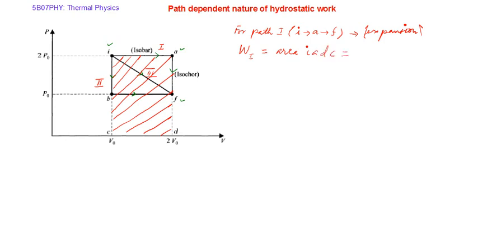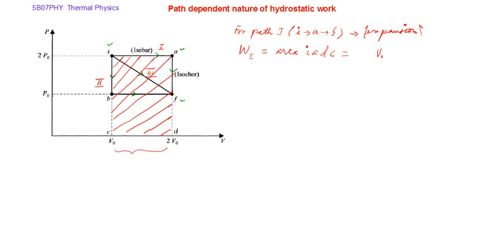So what's the value over there? We can just take IA. You can directly write it from the diagram: IA is equal to 2V0 minus V0, so the magnitude is simply V0. Now what is DC?